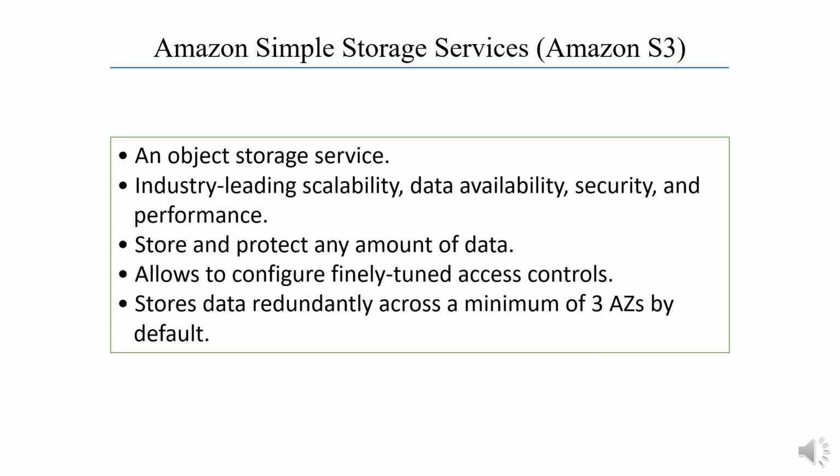Amazon S3 allows you to configure finely tuned access controls to meet your specific business, organizational, and compliance requirements. It stores data redundantly across a minimum of 3 availability zones by default.